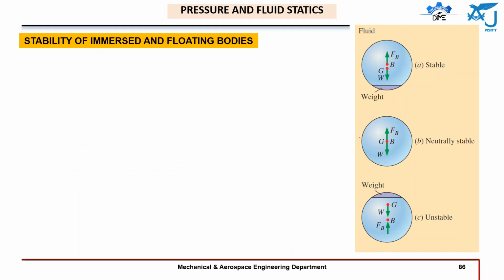So how do we relate stability to buoyant force? I mean to say, sometimes a body sinks in water, but another body does not sink in water. So what is the criteria for that? Normally we want the center of your buoyant force to be upwards as compared to the center of gravity.